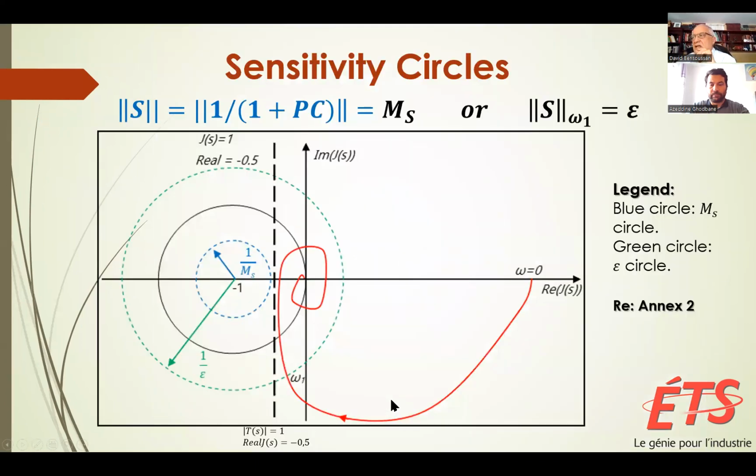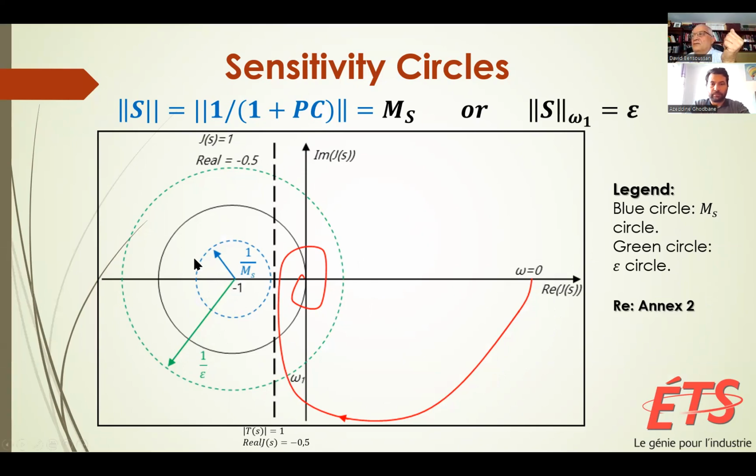Now, sensitivity has to be small. How can we measure the sensitivity? We have what we call sensitivity circles. That means if my Nyquist is outside this green circle of radius 1 over epsilon centered at -1 here, then the sensitivity is smaller than epsilon.